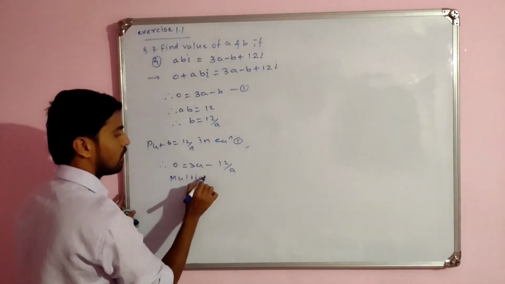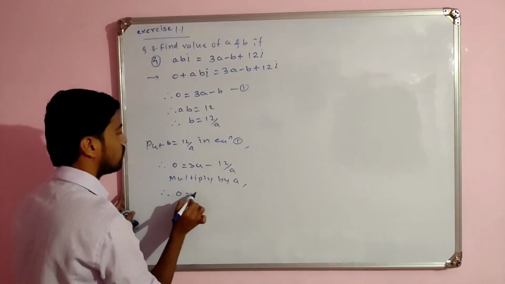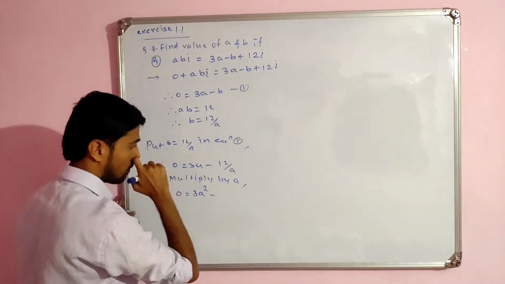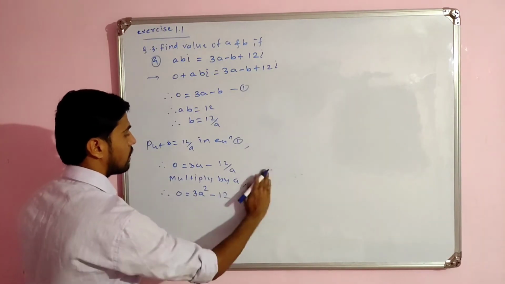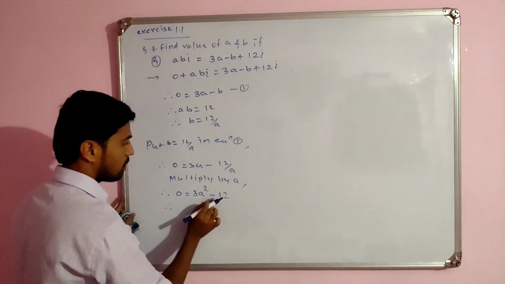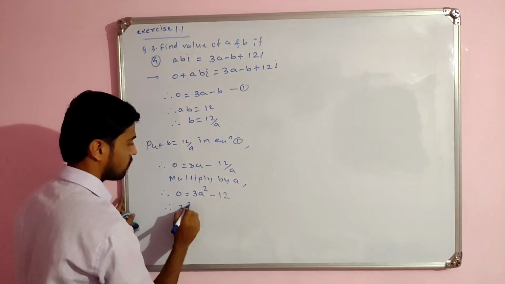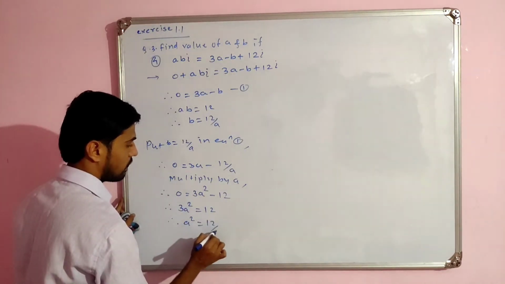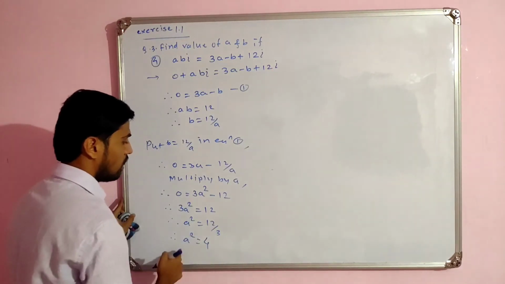So 0 into a is 0, 3 into a, thrice a into a, thrice a square, minus 12 upon a into a gets cancelled, which is 12. So 0 is equal to thrice a square minus 12, so 12 is transposed to this side, thrice a square is equal to 12. So a square is equal to 12 by 3, which is equal to 4.